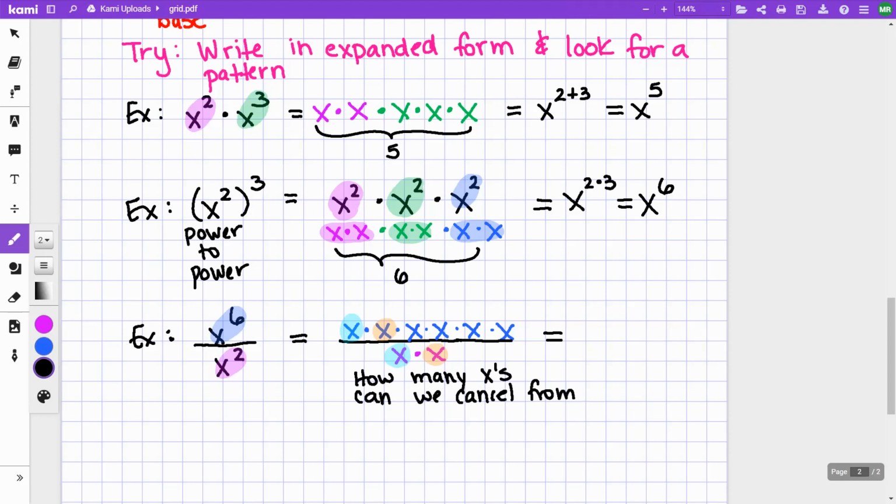I'm really making ones, but I'm just going to use this terminology. Well, the answer to that was 2. I could cancel 2 on top and I could cancel 2 on bottom. Then I asked myself, how many x's do I have left and where?